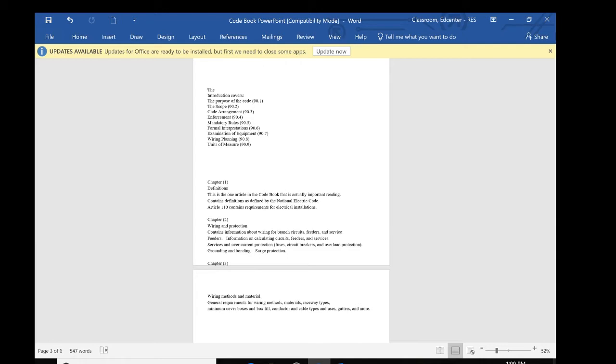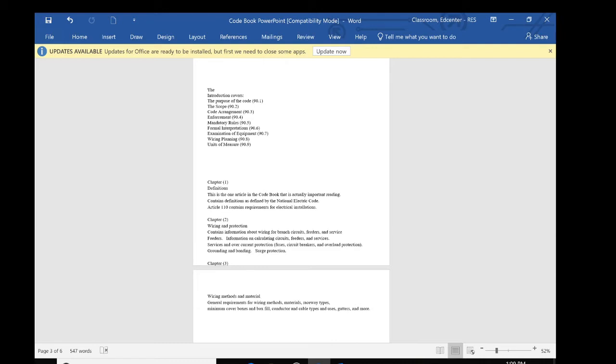So that was the purpose, and then B is adequacy. This code contains provisions that are considered necessary for safety. Compliance therewith and proper maintenance results in an installation that is essentially free from hazards, but not necessarily efficient, convenient, or adequate for good service or future expansion of electrical use.